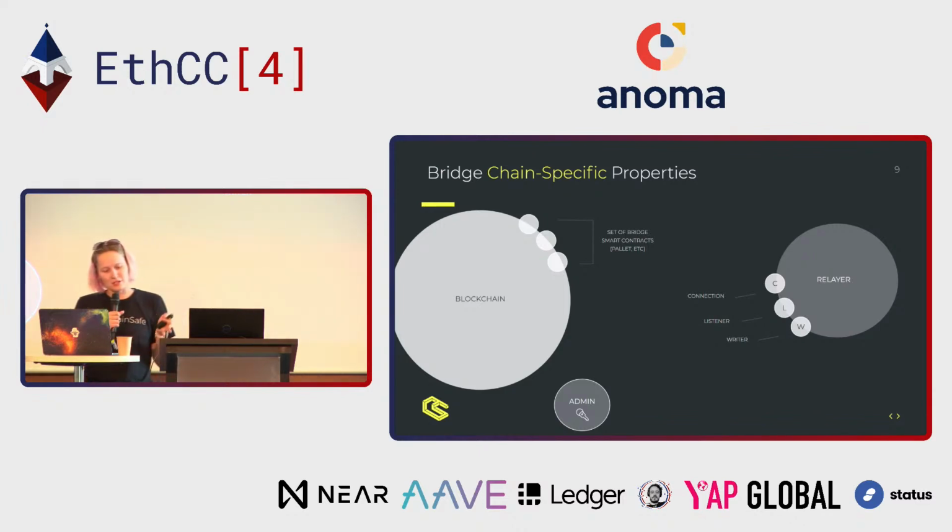Obviously, on the blockchain side, there's always an admin, a person who deploys the contracts at first and owns them at first. This is the person who sets up, for example, all the relayers, because to write into the blockchain, you need access to the bridge contract, for example for unlocking the funds, transferring the funds, or transferring a message, whatever.